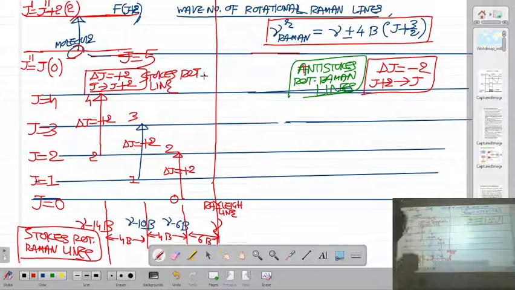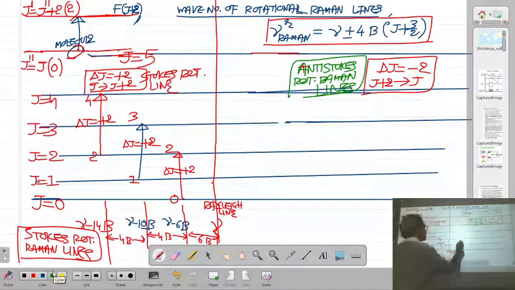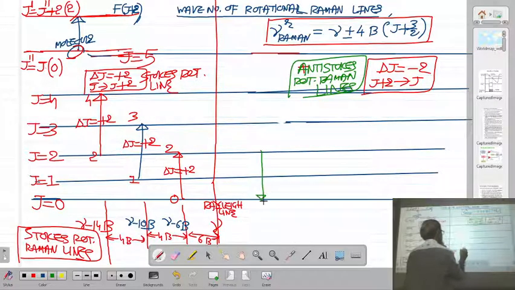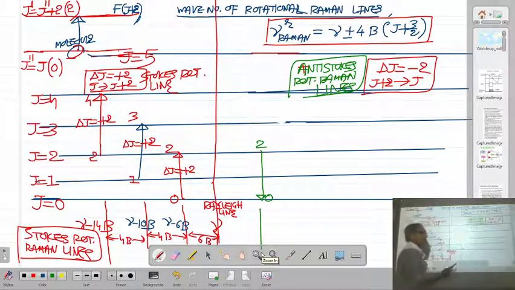So the first line is obtained from the transition 2 to 0. When the molecule makes a transition from upper level 2 to lower level 0, it will give the anti-Stokes rotational Raman line. The lower quantum number is 0.